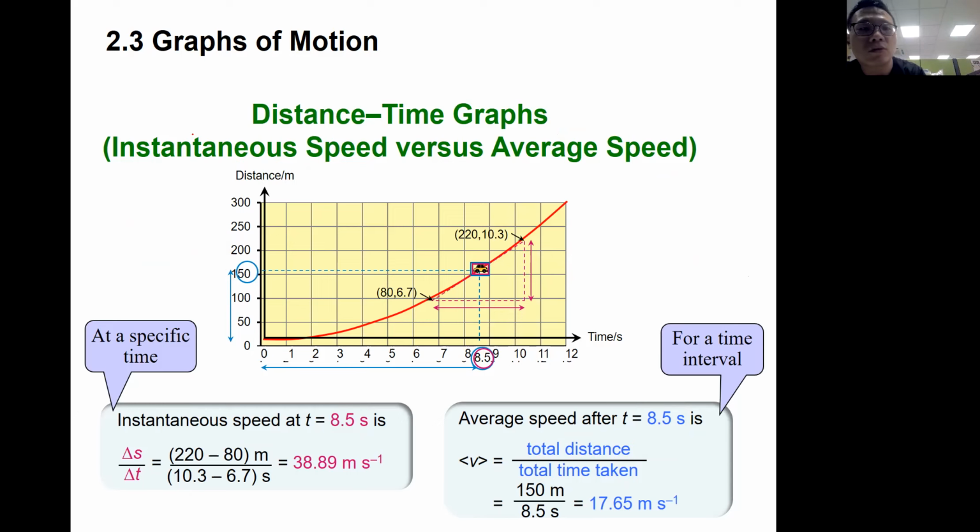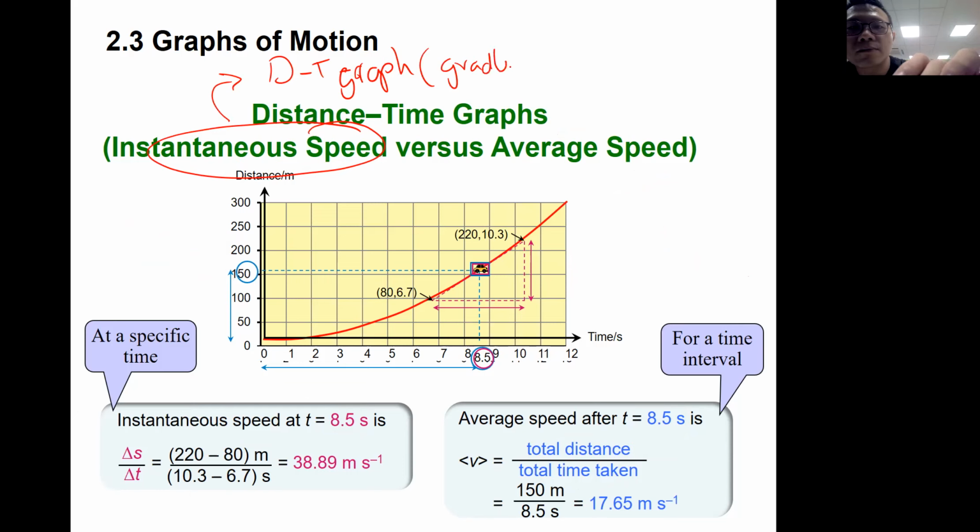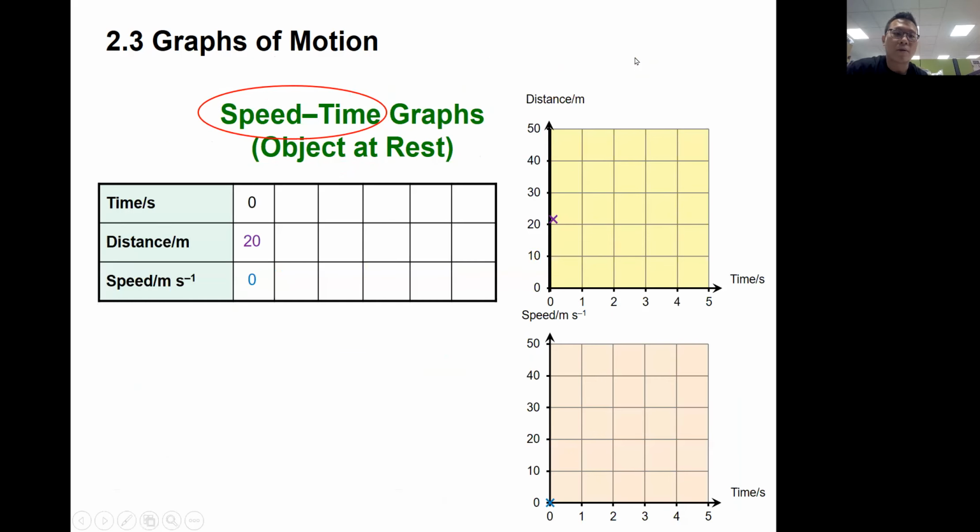If I need to describe, I always find instantaneous speed, or I relate the gradient of the distance time graph to speed. I will not use average speed; I will usually wait for the question or the marker to tell me to find average speed. Then I find.